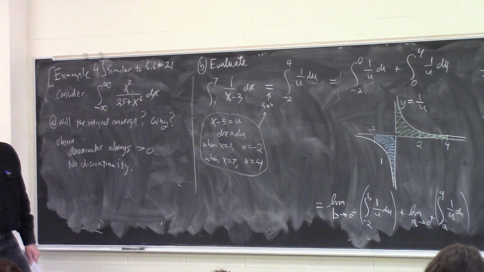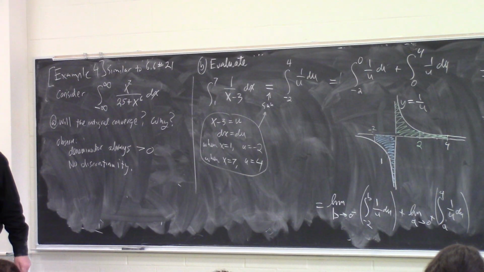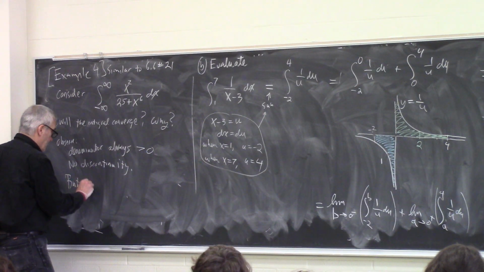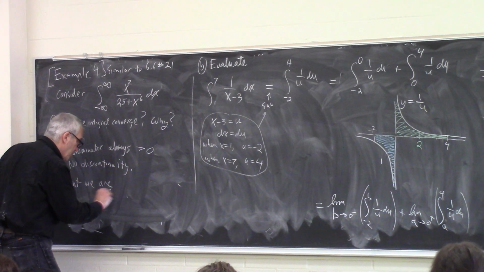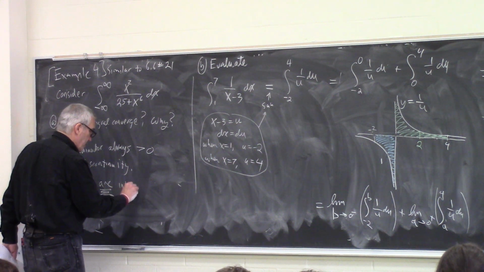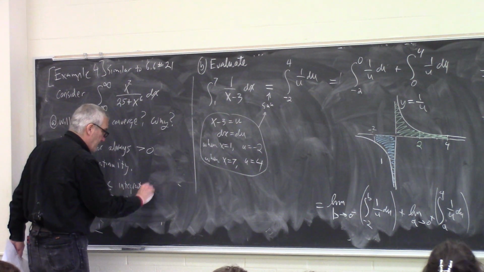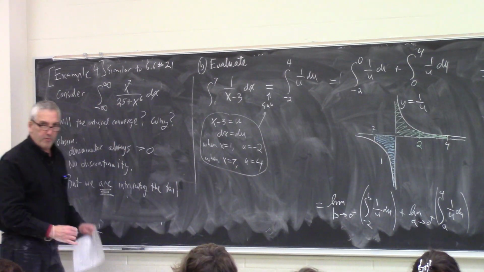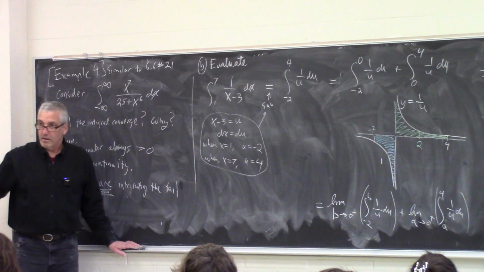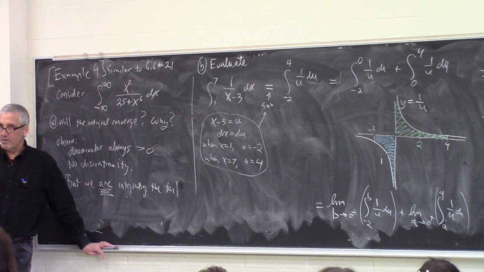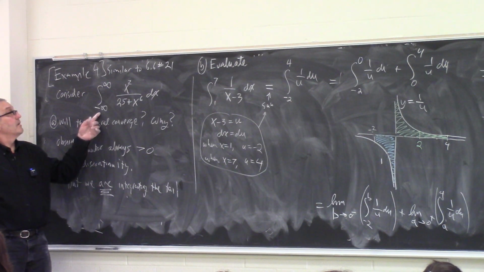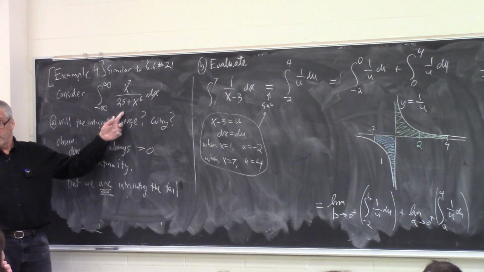But we are definitely integrating the tail because we're going to infinity. So the question is, how is this behaving? How is the tail of this graph behaving? Anybody want to weigh in on that? Think about the tail of this graph.